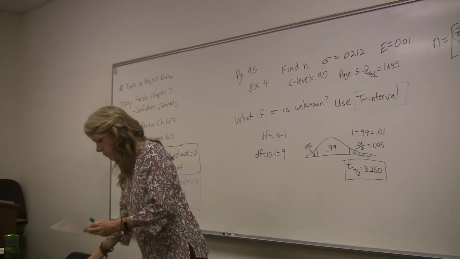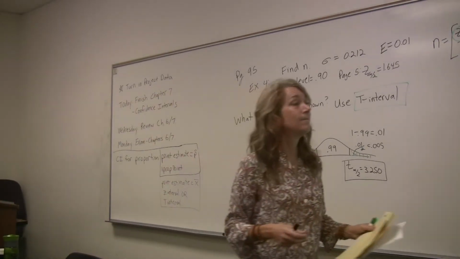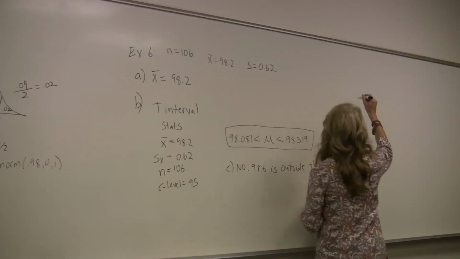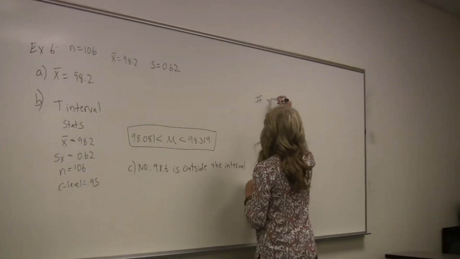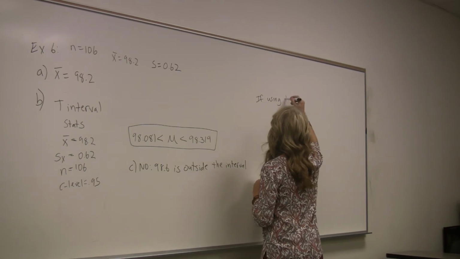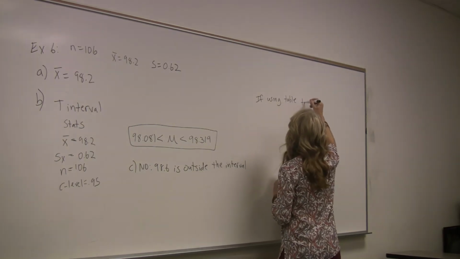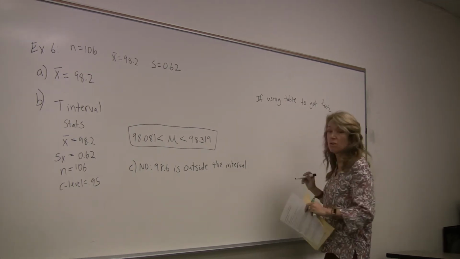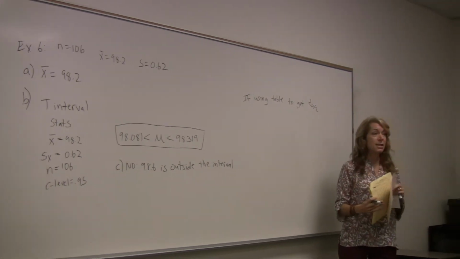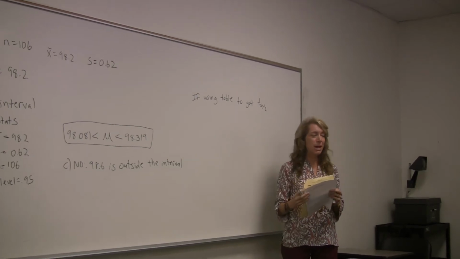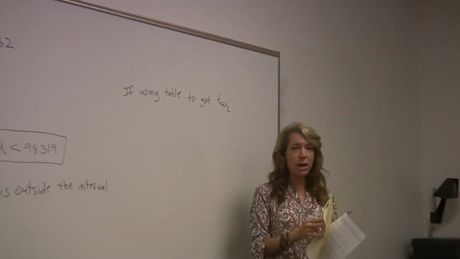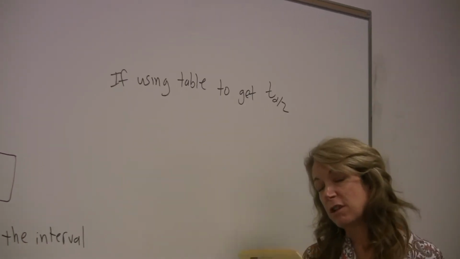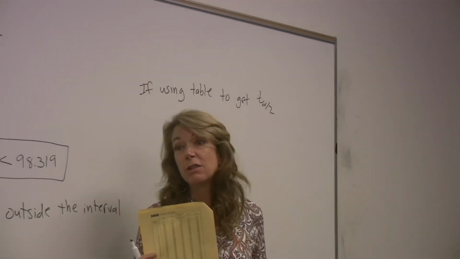So for degrees of freedom, it'd be 105, right? I'm glad you brought that up. And I don't see 105 if using the table to get your critical value. That's what she's trying to do because she wants to use the formula. She's a math nerd like me, she wants to do it both ways. She's trying to find 105 on the table and it's not there. So what you do when your number of degrees of freedom isn't here, you just pick the closest one.